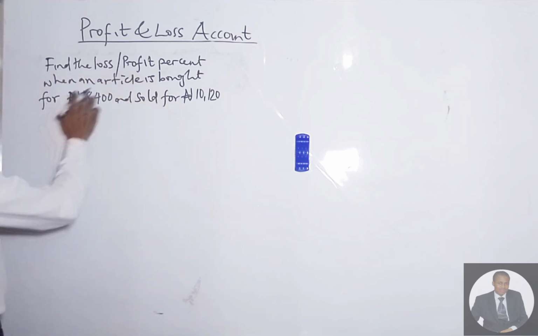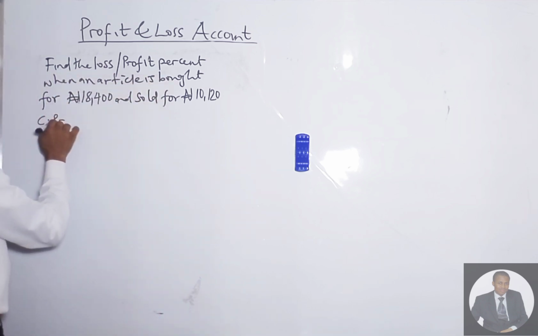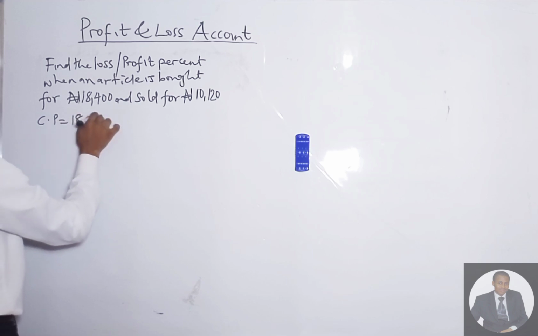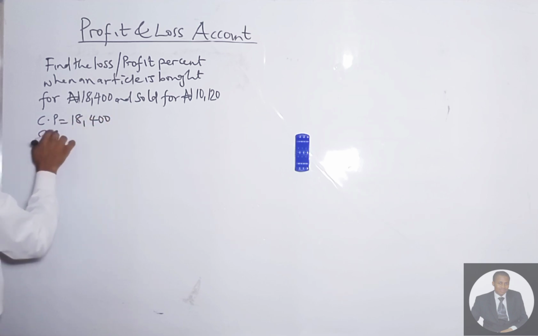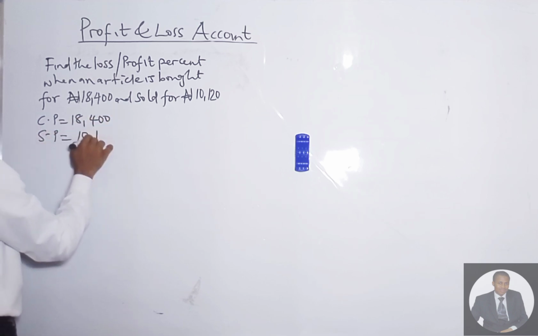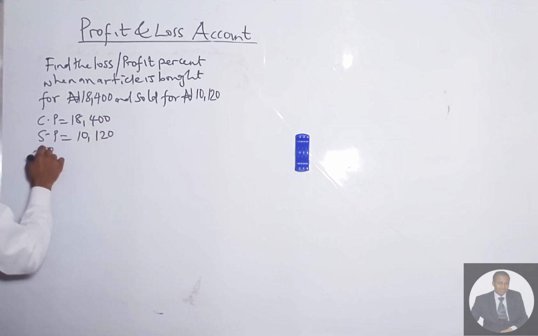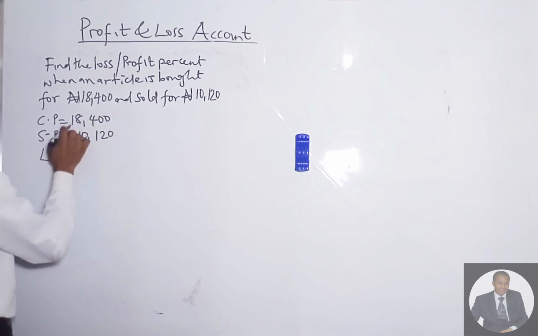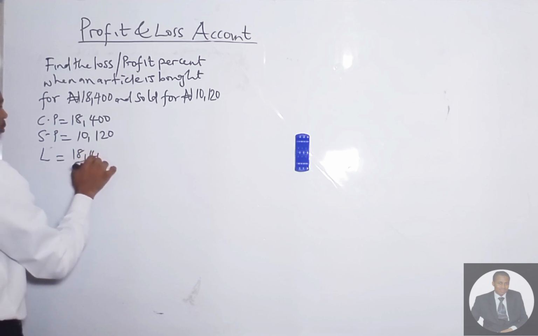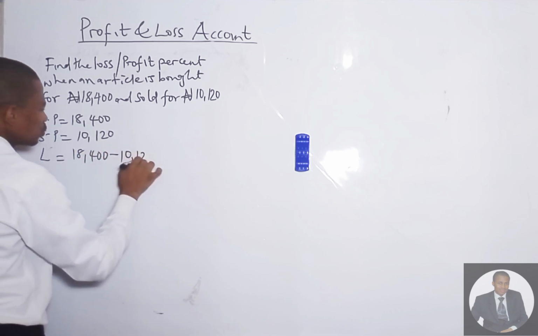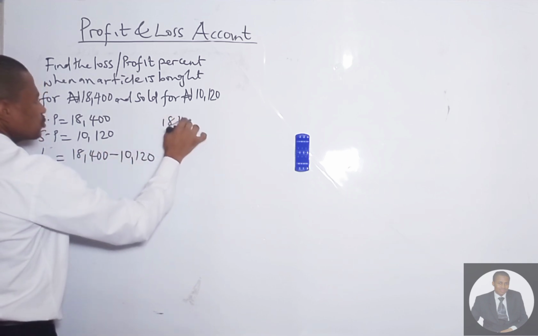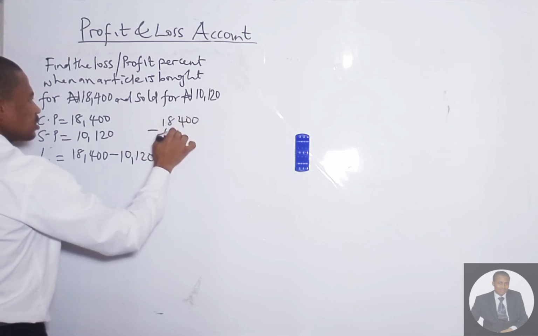So here he bought the article at 18,400 and then sold it, selling price, at 10,120. So the cost price is more than the selling price. So a loss is made here. Loss will be the cost price 18,400 minus 10,120.